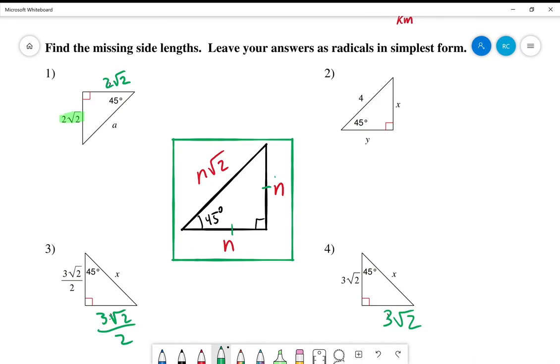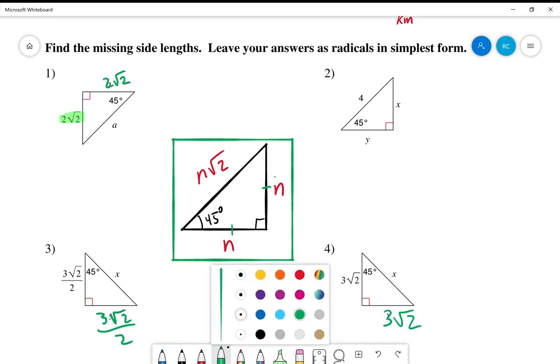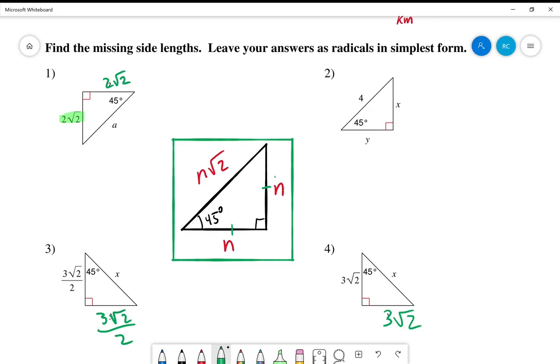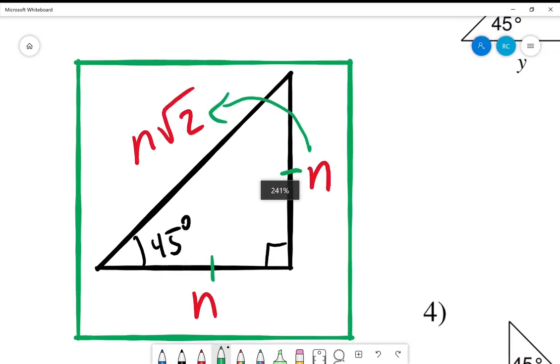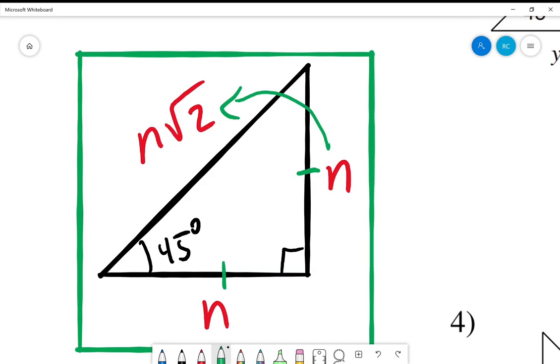Okay. So now, how about that hypotenuse? Well, according to our diagram, to get from a leg to the hypotenuse, you multiply by the square root of 2.